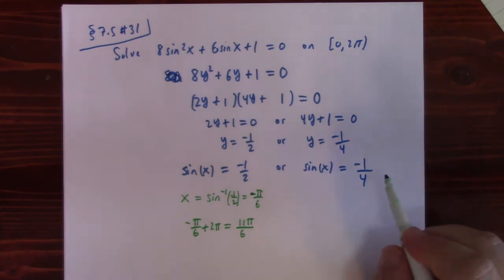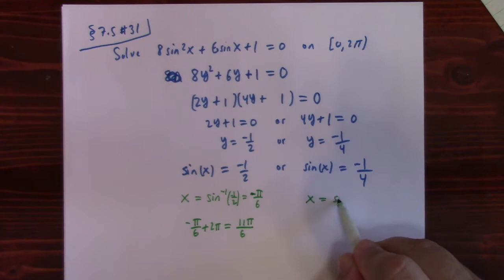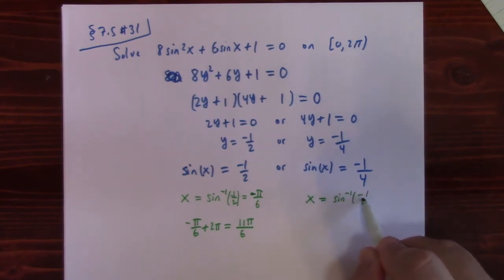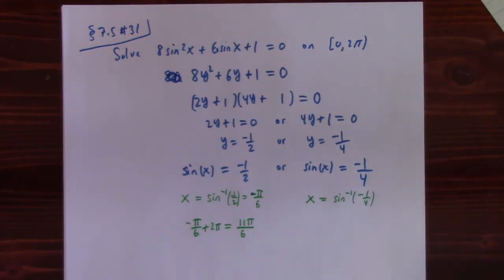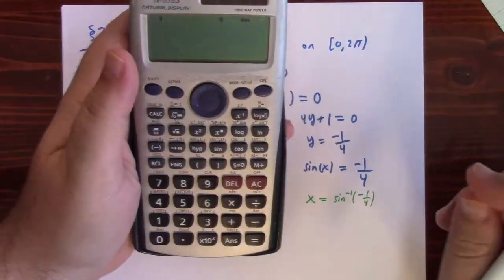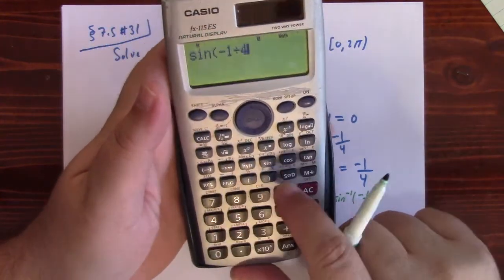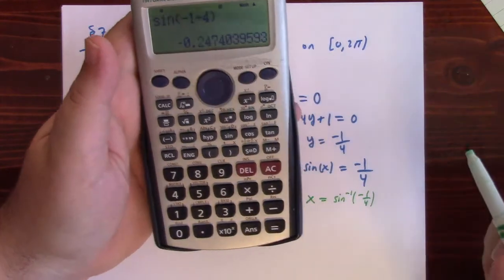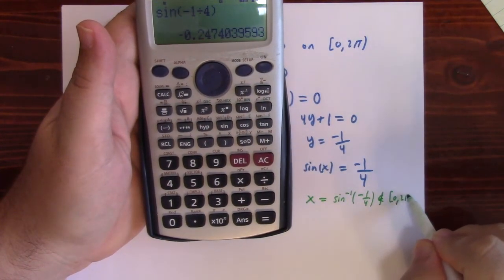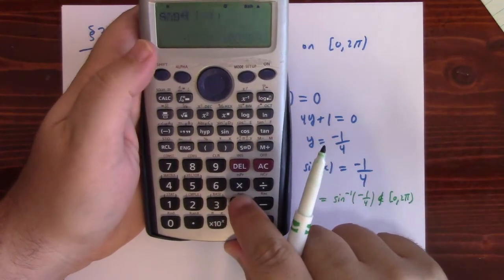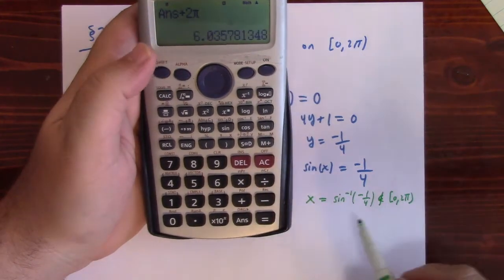And again, here you get x is equal to inverse sine of minus 1/4. Now that's a number that's negative. Here it is, I'll crunch it out for you. So minus 0.25 or so. This is not an element of 0 to 2 pi. But if you add 2 pi to that, because remember, sine is 2 pi periodic, that gives us an answer.